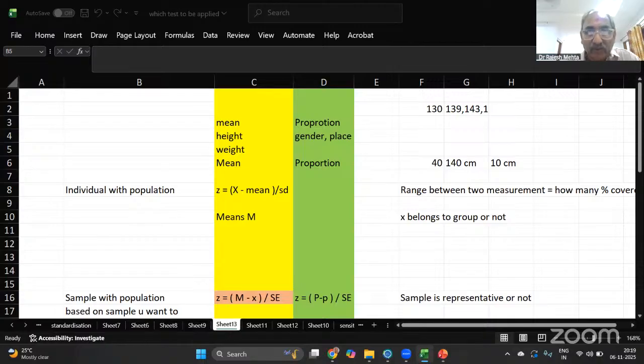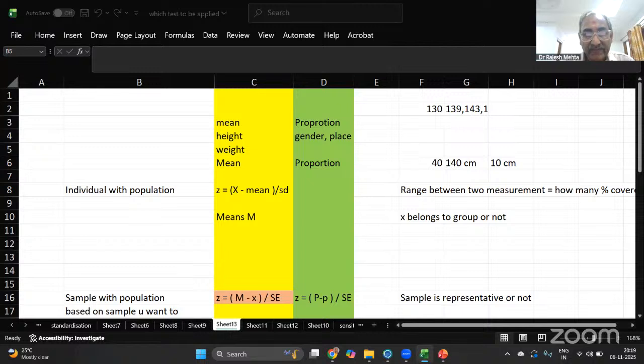Based on a sample, you want to talk about the population. Suppose you have taken a sample of 400 out of 10,000 population, and out of 400 people, you found that 300 people are happy. And you want to say how many people will be happy in 10,000 population? Can you calculate that? How many people will be happy? Any guess or idea?